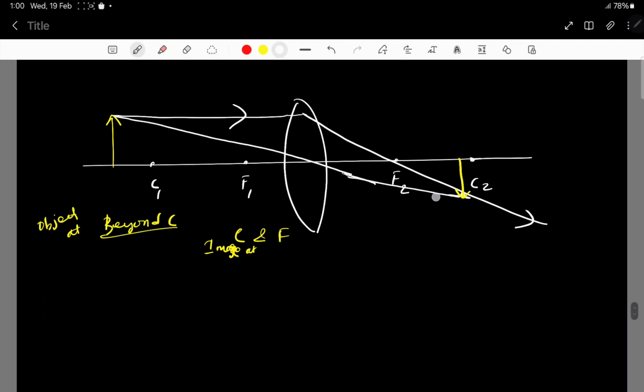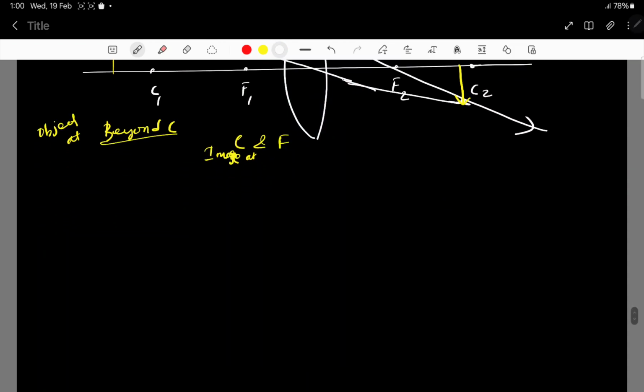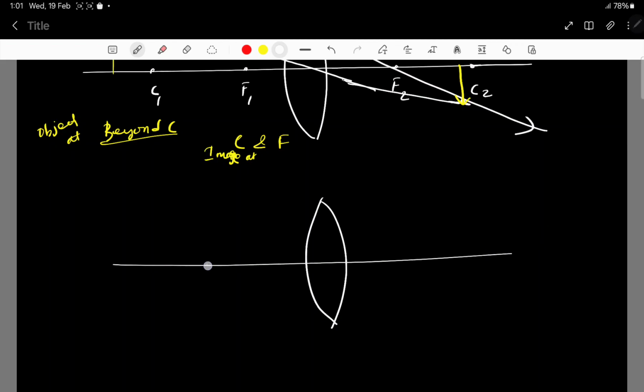Similarly, if you place the object exactly at C, the image will also be formed exactly at C. I will tell you the reason for it. From the top tip of the object, you can consider two light rays. One light ray is approaching our convex lens parallel to the principal axis. After getting refracted, it will pass through the focal point.